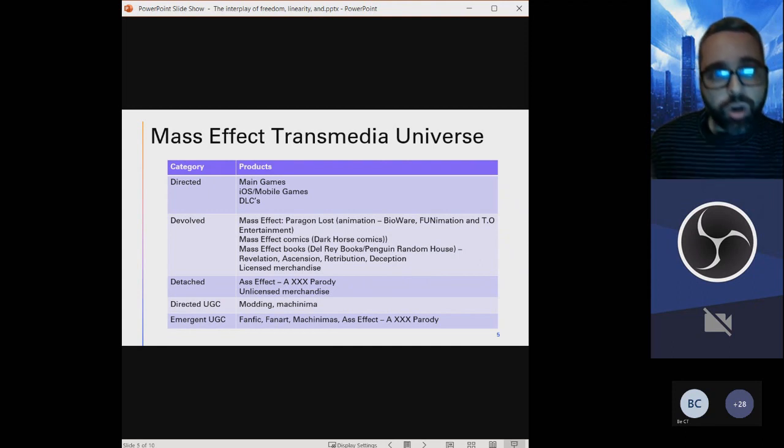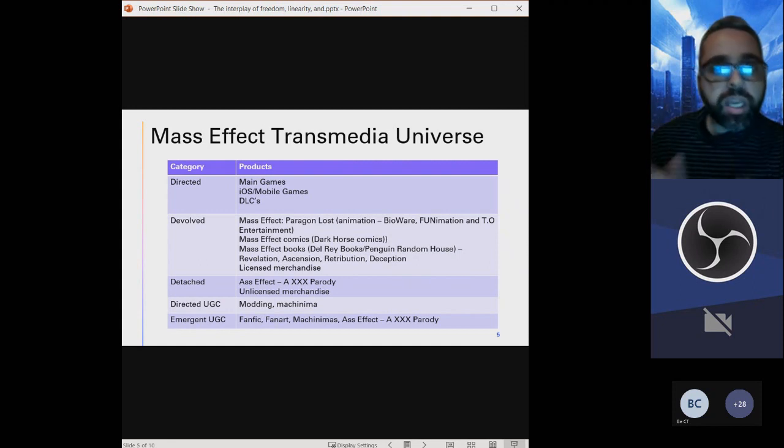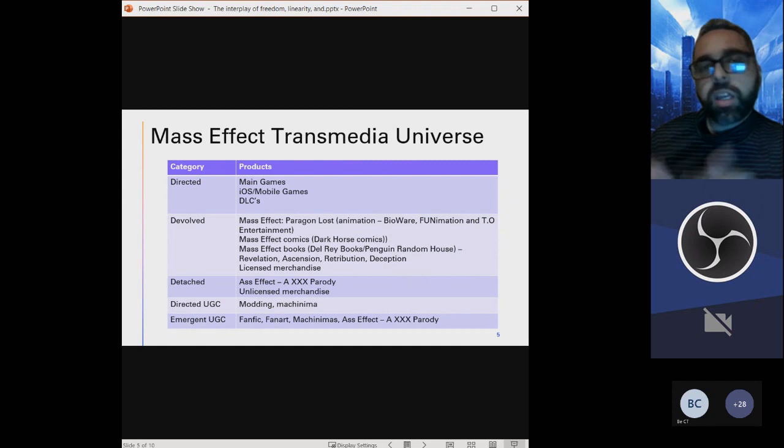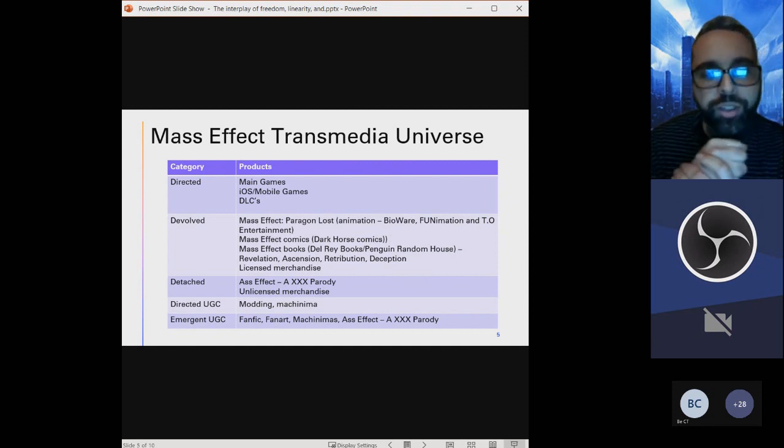It has a specific setting, place and time within the game. It's of course still detached because I highly doubt that BioWare gave the green light for them to make a porn parody of it.